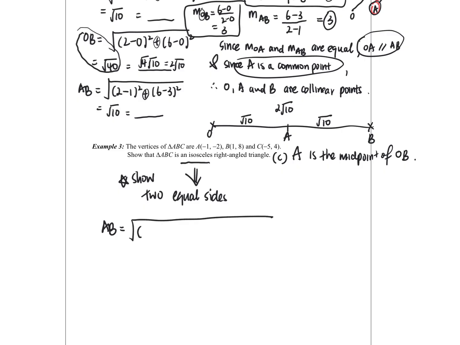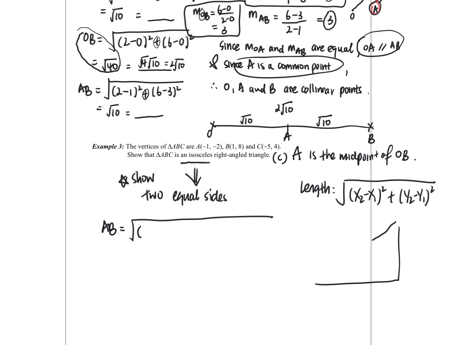Yesterday we agreed that the length formula is the difference of the x coordinates squared plus the difference of the y coordinates squared. Because for any two coordinates that you have, they always form a right-angled triangle.